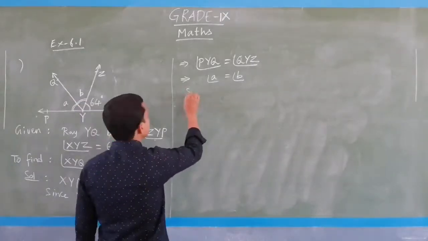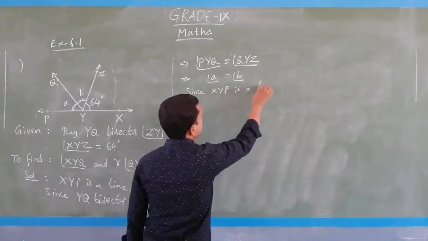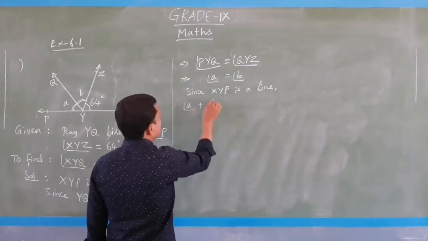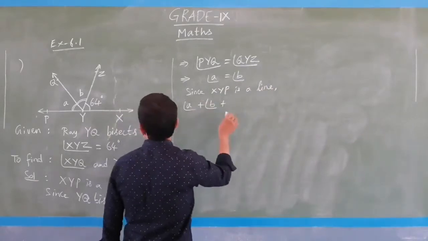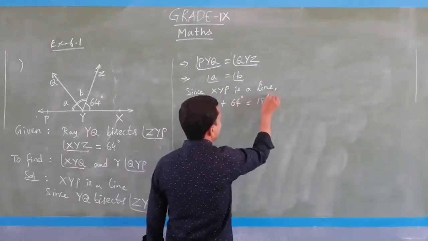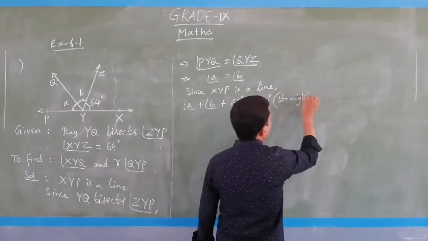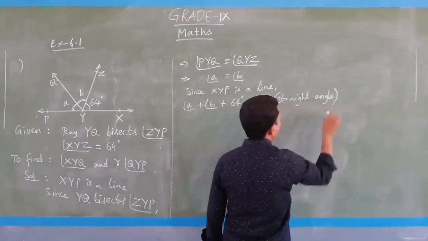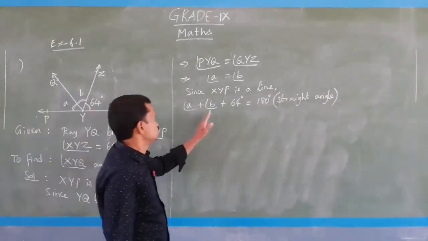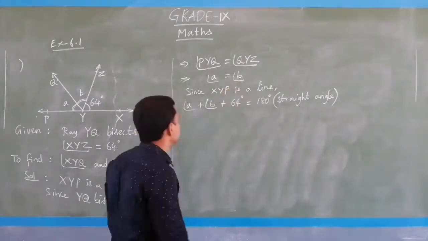Since XYP is a line, angle A plus angle B plus this 64 degree sum up to 180 degree because of straight angle. Is it clear? Now we can substitute A for angle B, because they are equal.